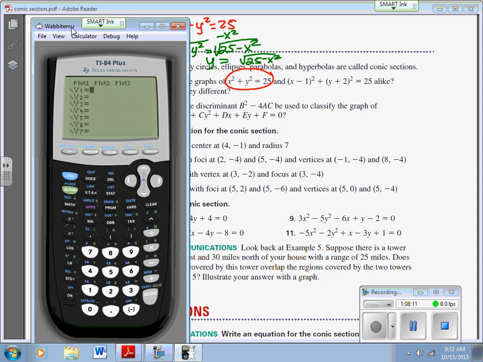Do you have the graph of it? I'm going to go ahead and type it in: square root of 25 minus x squared.